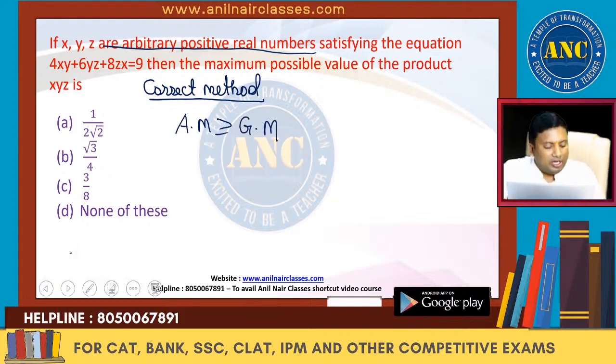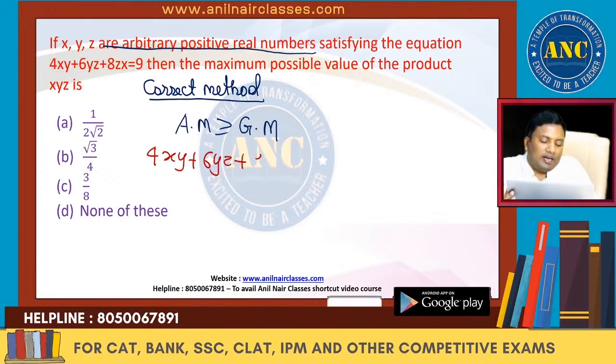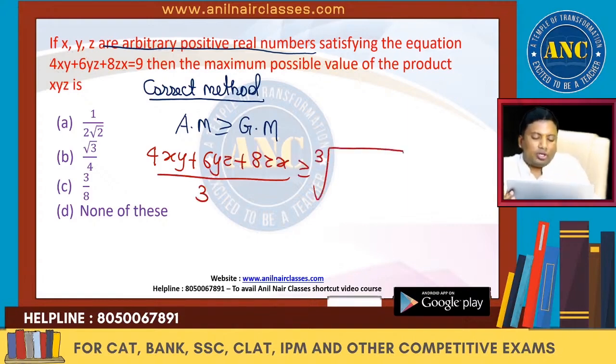GM. Arithmetic mean is nothing but the sum of the quantities by number of the quantities. Geometric mean is nth root of their product. 4xy plus 6yz plus 8zx divided by 3 is greater than or equivalent to cube root of 4xy into 6yz into 8zx.